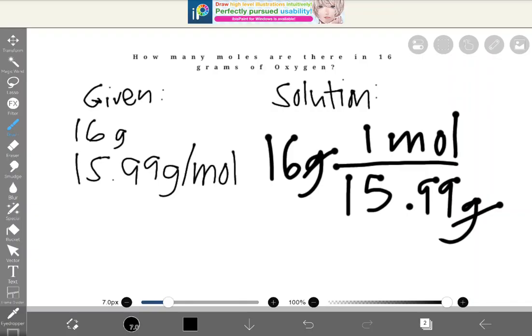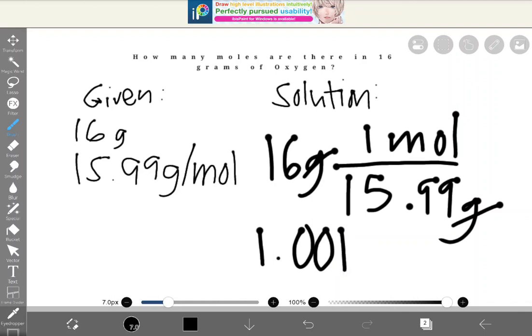Or you can do 16 times 1, divided by 15.99.